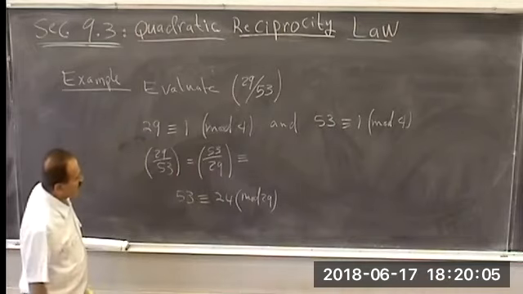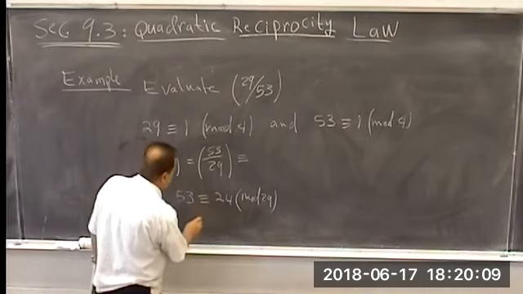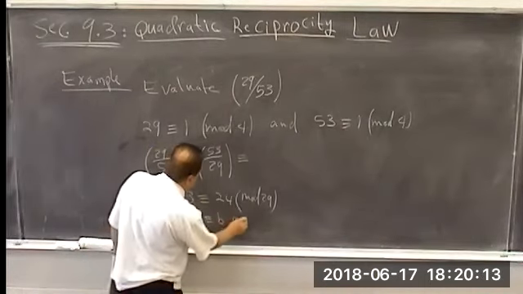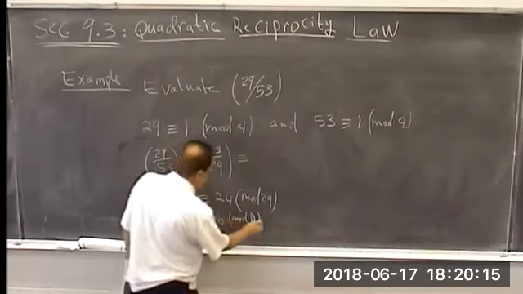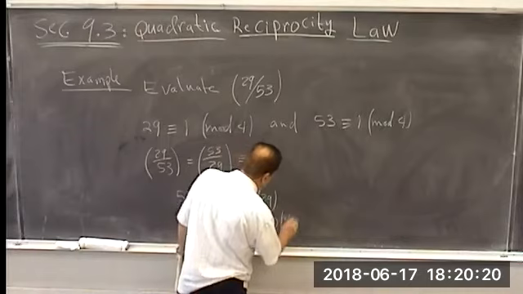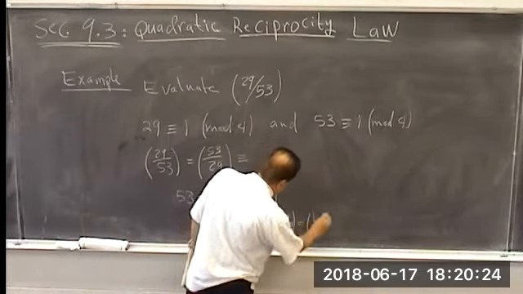So when we take the Legendre symbol, remember that if a is congruent to b mod prime p, this implies that a over p is equal to b over p.